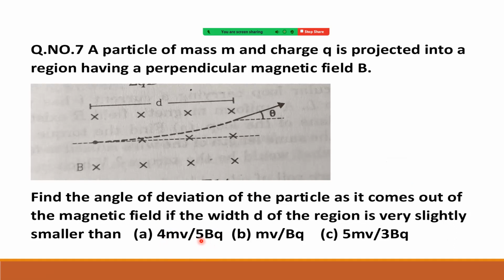That means the deviation is approximately 53, right? If d is slightly smaller than the radius, then the deviation is 90. If d is 5 by 3 times the radius, which is greater than R, then the deviation is 180. I hope you got clarity.